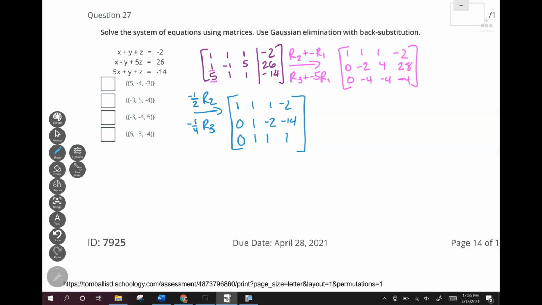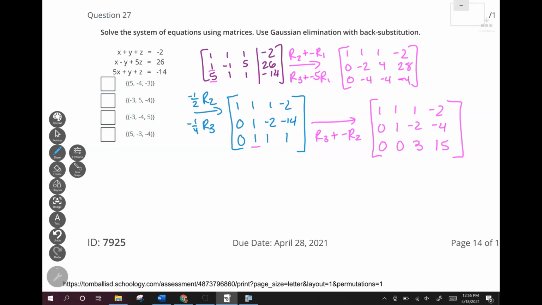All right, and then the last thing I need to do is make this 1 into a 0. So I'm going to add row 3 plus -1 row 2, or you could say row 3 minus row 2. So I'm doing 1 minus -2, 1 minus -14.